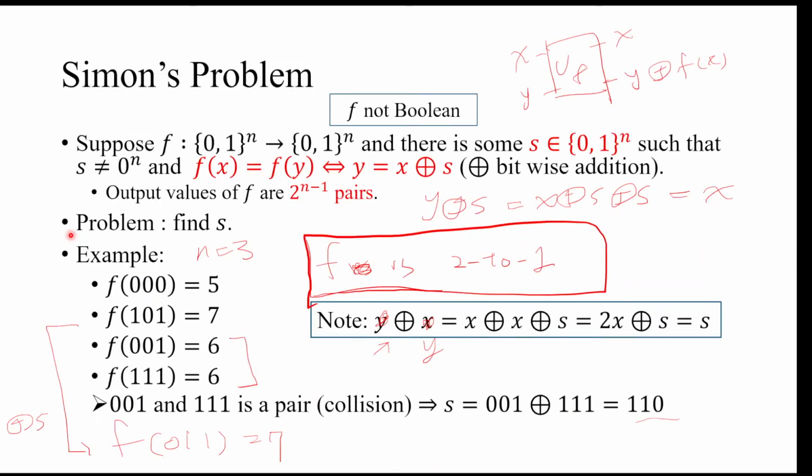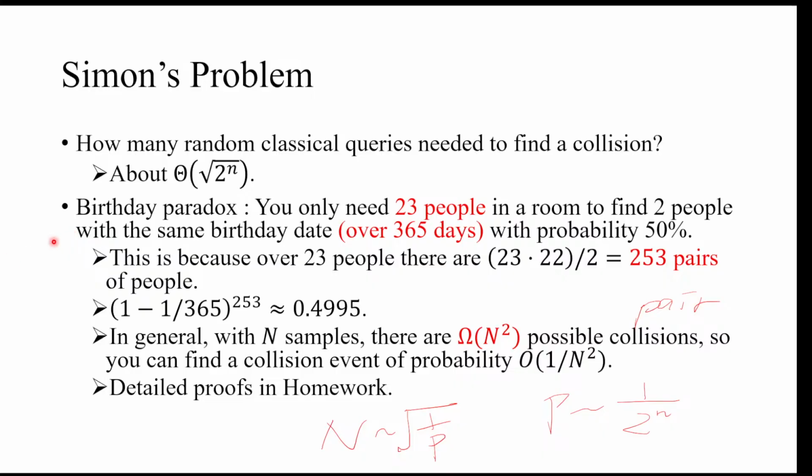And for classical query, there is this weird square root from this birthday paradox, but you see that this is still quite exponential here. So this is exponential with a smaller coefficient.